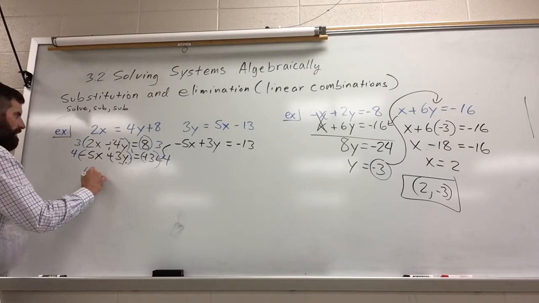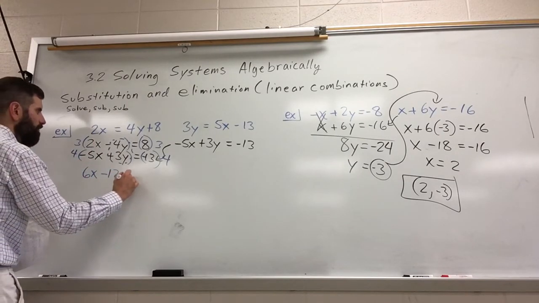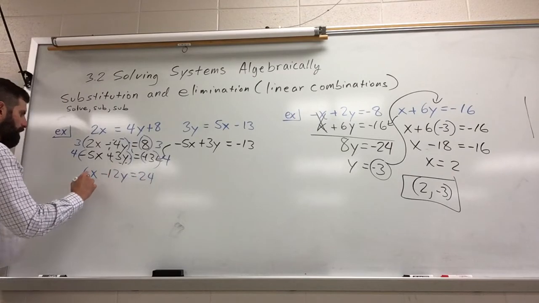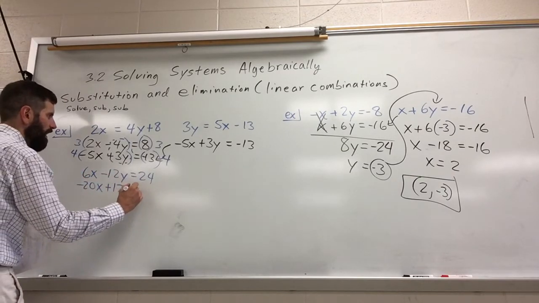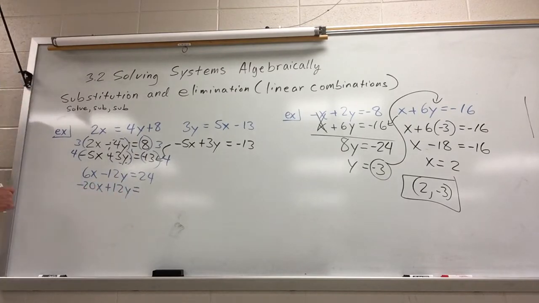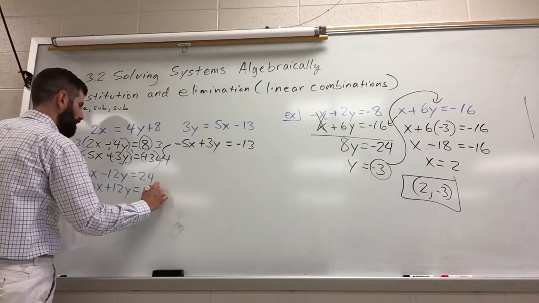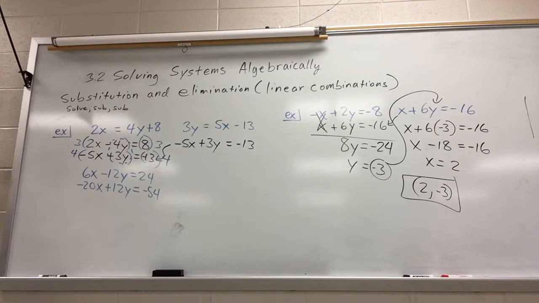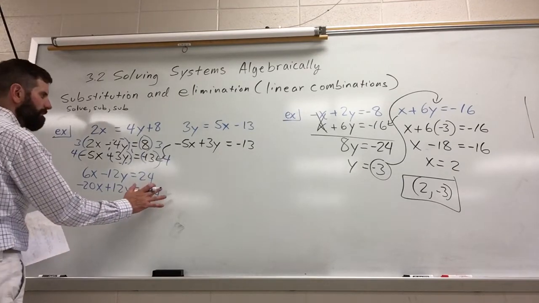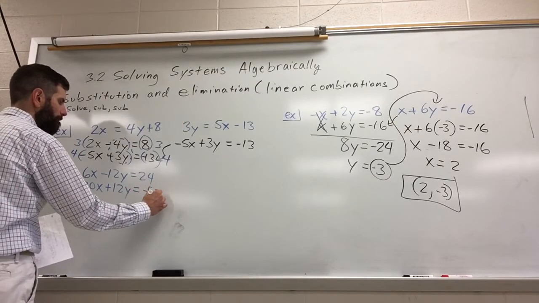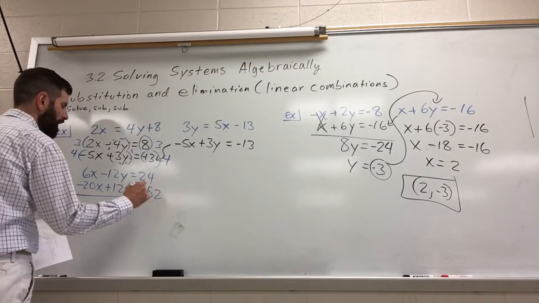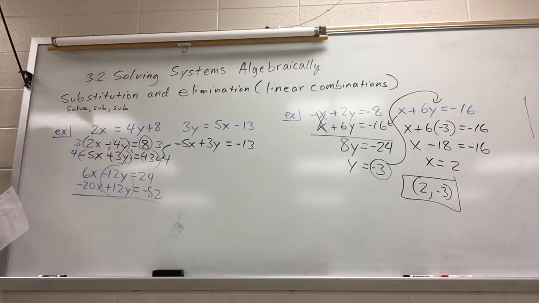I'll get 6x minus 12y is equal to 24. Negative 20x plus 12y equals negative 54. That is right, isn't it? Wait, hold on. 52. Careful. And now I can add these up, and the 12y's will eliminate.